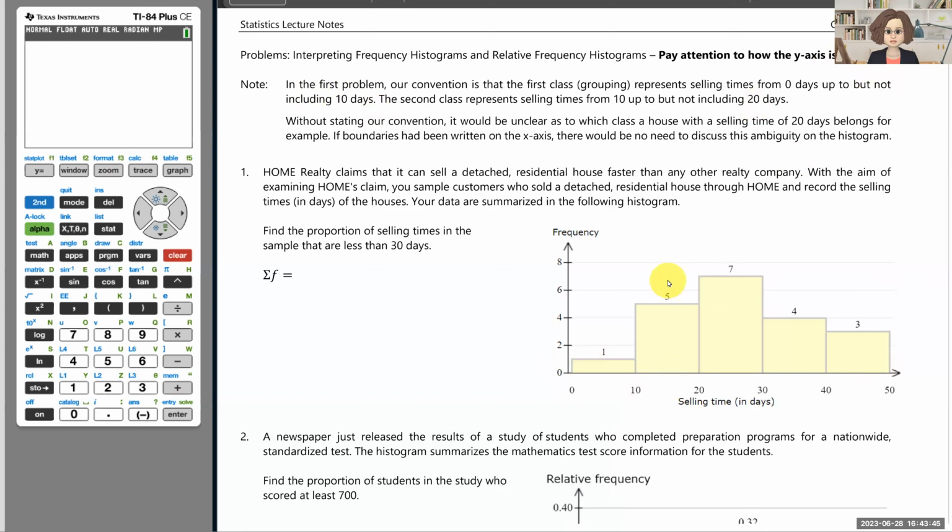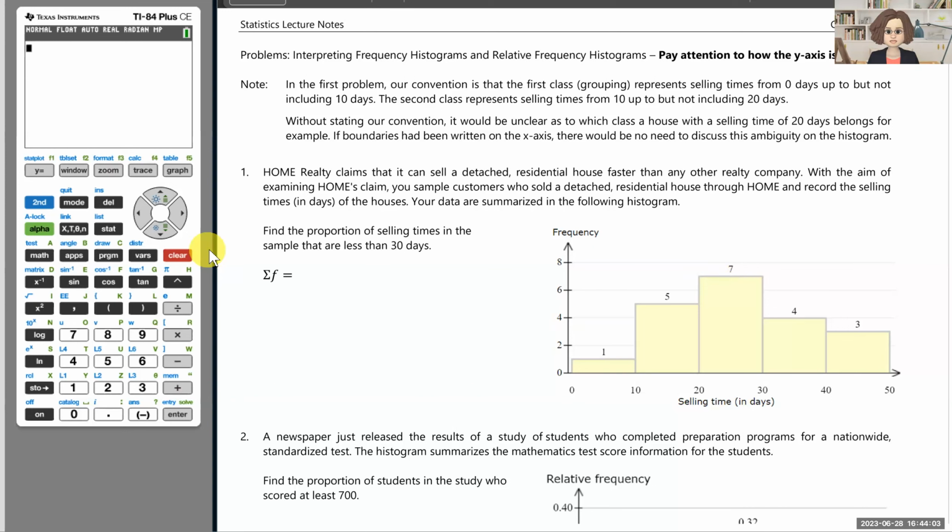The next group of 5 houses sold in 10 days up to, but not including, 20. So in other words, if a house sold in 20 days, we're assuming it's part of this group of 7 houses. That's how we will read our histograms.